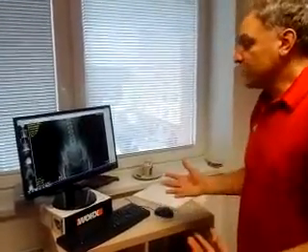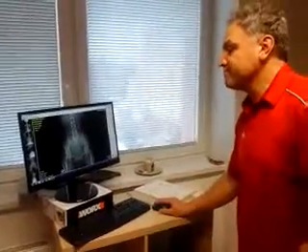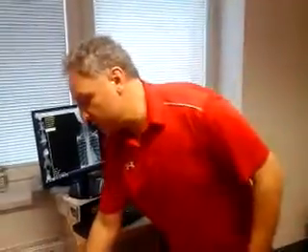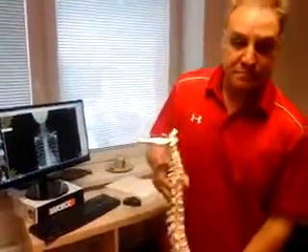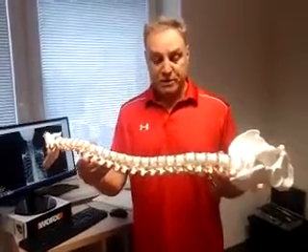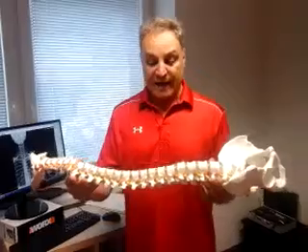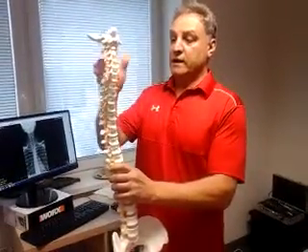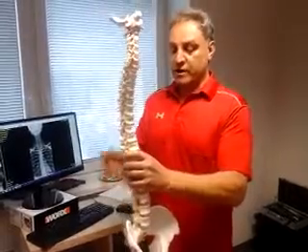What they do is take an MRI. An MRI is done in a supine position, which is lying down, but the spine is supposed to have a lordotic curve.